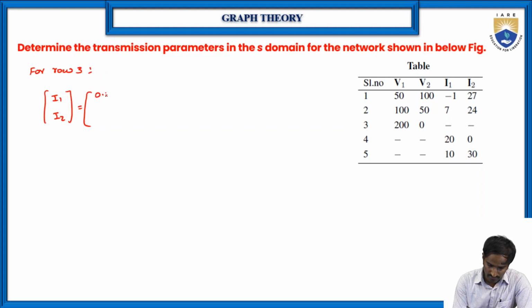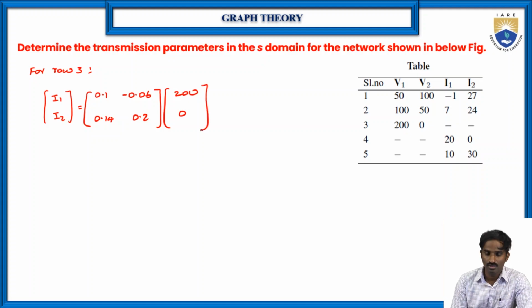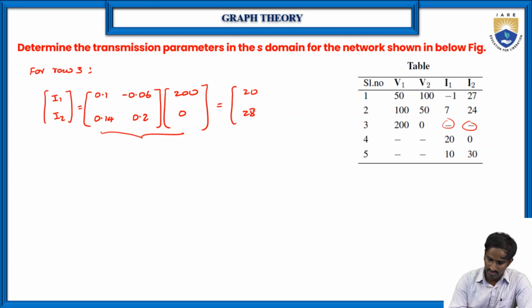So which is 0.1 and here it is minus 0.06 and here it is 0.14 and here it is 0.2 into here V1, V2 values are there. So 200 and 0. If you multiply these two, then you will get the missing values I1 and I2, which are 20 and 28.